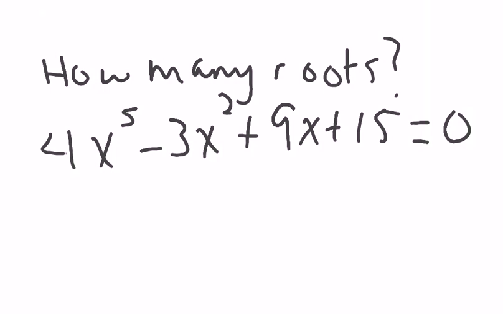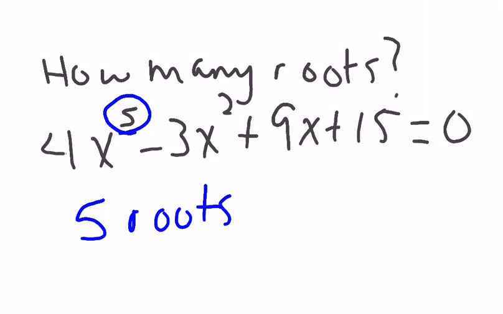To find out how many roots a polynomial has, it has to deal with looking at the degree of the polynomial. Remember, the degree of the polynomial is where we look at the biggest exponent there. In this case, this is the highest exponent, and that's 5. So how many roots does this have? It would have 5 roots because it matches what the degree of the polynomial is.